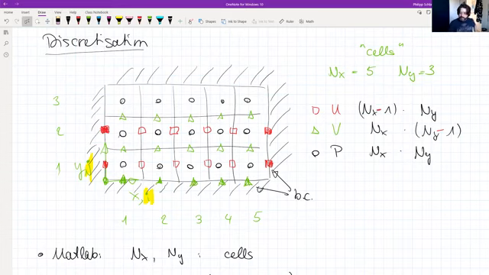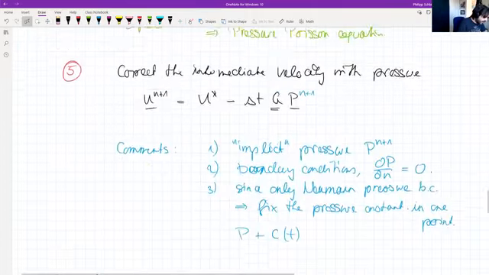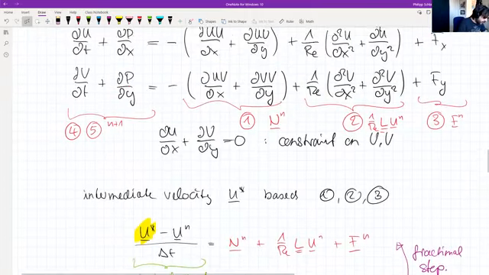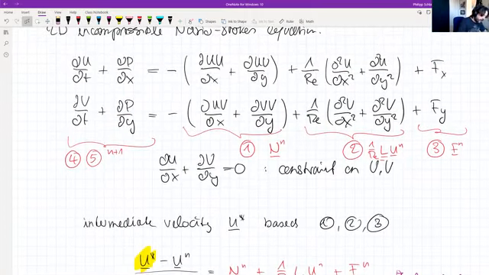Now, let's move on and see whether there is any difficulty in calculating some of the terms that we have indicated here with steps 1, 2, and 3 in the whole procedure with the fractional step method.